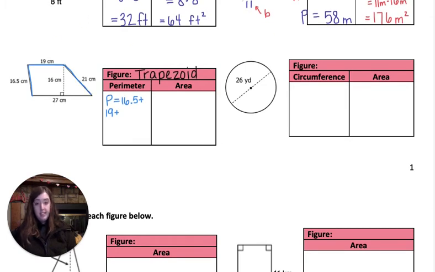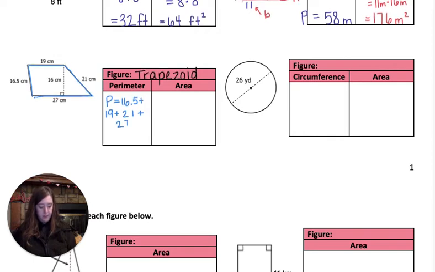Then we have that kind of slanty side of 21 plus. And then we got this piece down at the bottom, 27. So when we add all of those pieces together, we're going to end up with 83.5. And our units are centimeters.